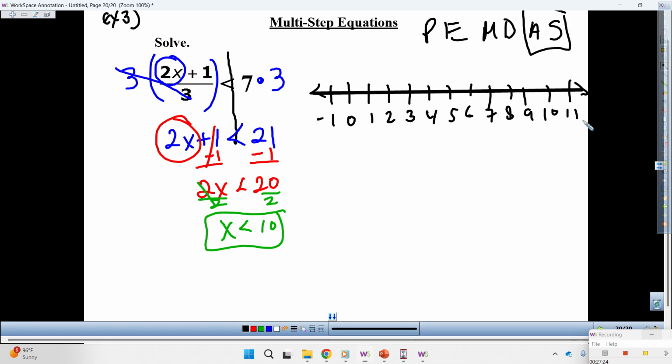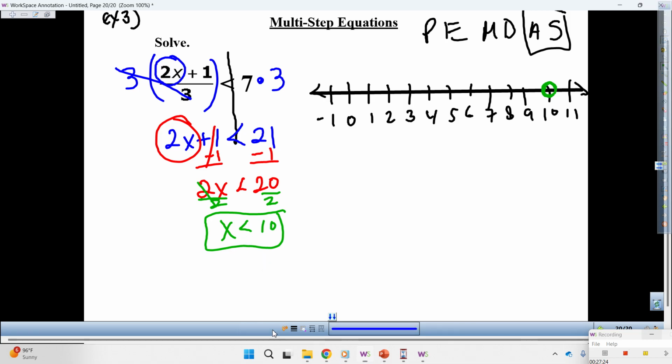Okay? All right. Guide me through this, Julian. What do I do? Open circle on the 10. Does it stay open or do we close it? Stays open. Everybody, hands if you got open point. Yeah, why? Because there's no equal sign.